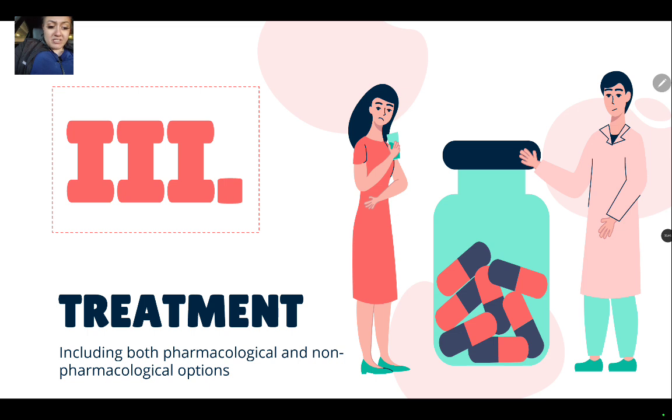Really quick before we start to dive into this, I just wanted to note that there are several factors that must be taken into consideration when deciding on treatment for both of these.